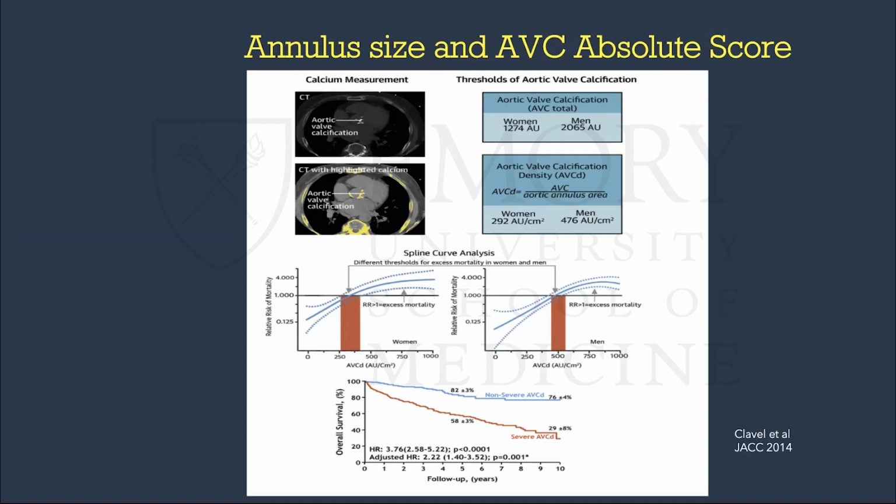And this metric is also highly prognostic of mortality, as we see in the Kaplan-Meier curve in the lower part of this slide. Having severe calcification of the valve, as defined by the density of aortic valve calcium, is prognostic and does predict adverse cardiovascular events.